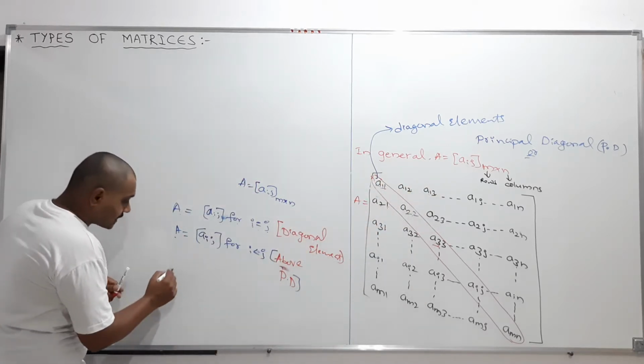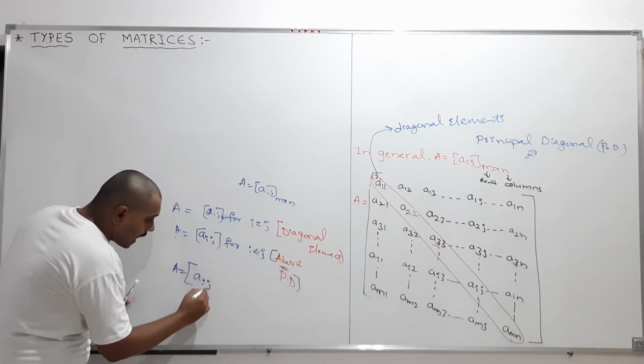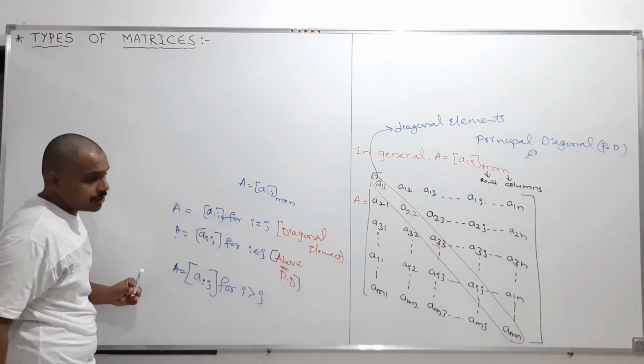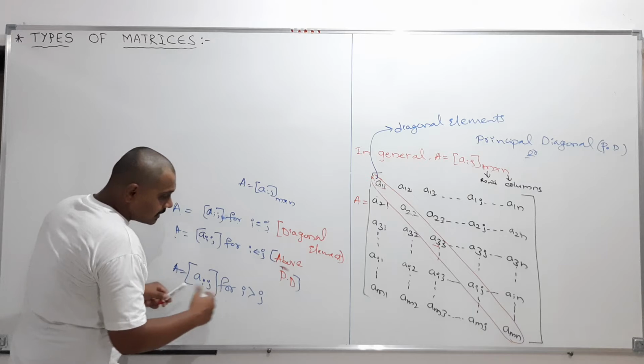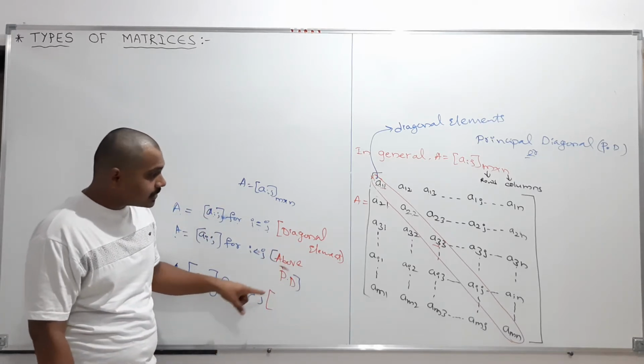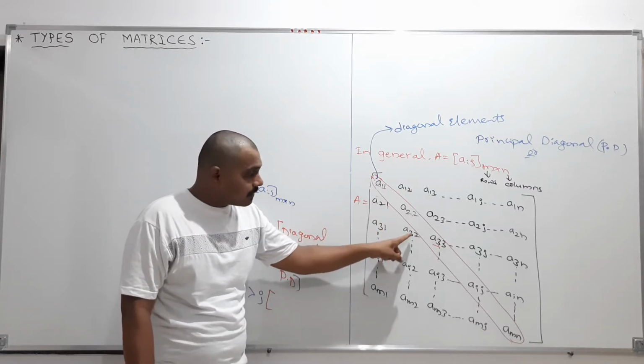And next, my dear students, if I write A = Aij for i greater than j, again you can observe where the i value is greater than j. Here 2 is greater than 1, here 3 is greater than 1, and 3 is greater than 2.